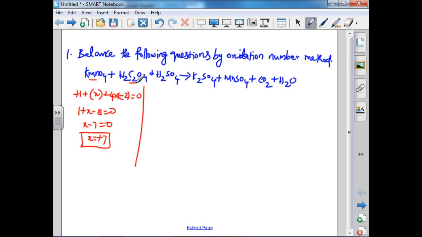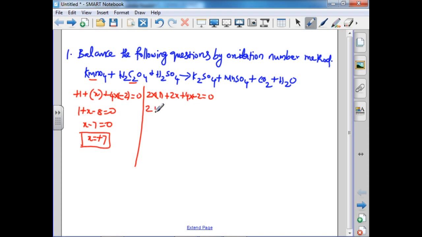Next we calculate the oxidation number of carbon in H2C2O4. There are 2 atoms of hydrogen, oxidation number +1, plus carbon as X, 2 atoms, so 2X, plus oxygen -2, 4 into -2. It is a neutral molecule, equal to 0.